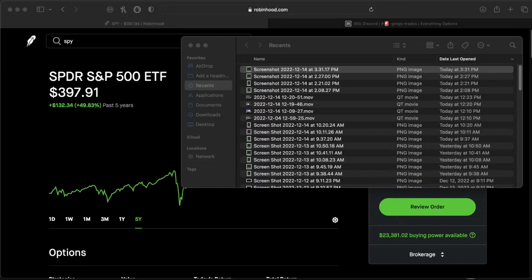New options alerts, premium 101. All right, freemium. Just opened a new put debit spread expiring tomorrow. 12/15 is the date. Got them for a decent value. Let's see. 44. Okay.